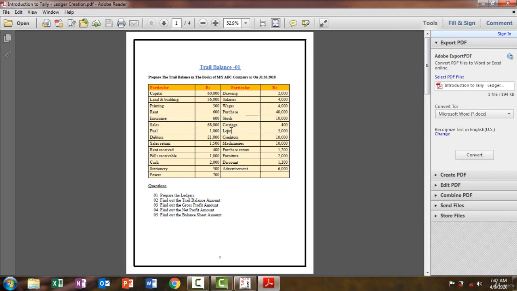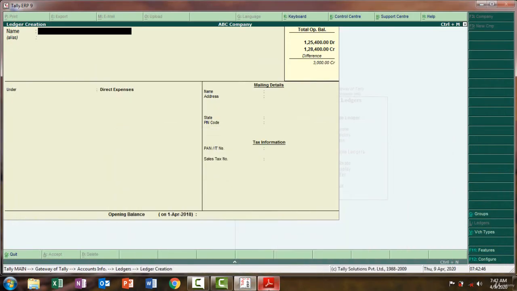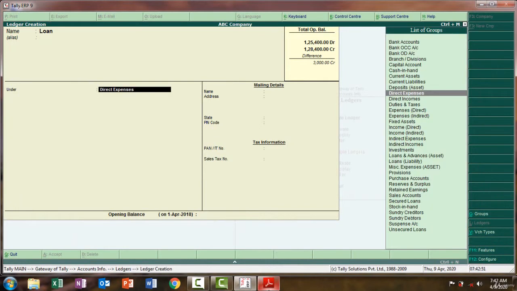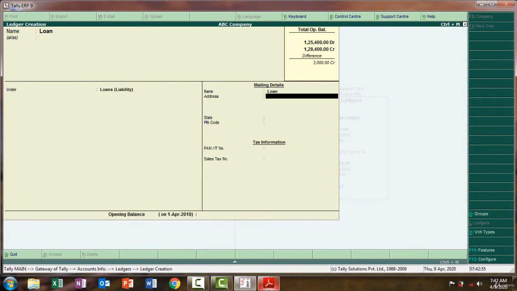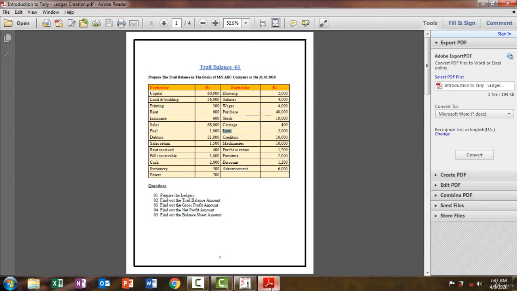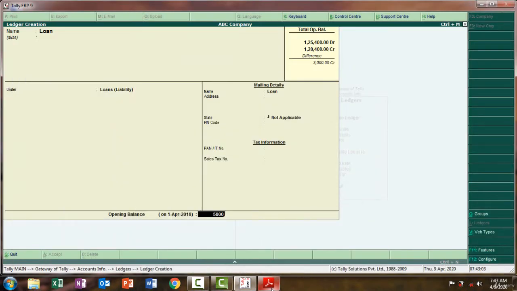Loan comes under the loan liability account, so I'm going to type here loan, and loan liability account. The amount is 5,000. Loan account is always credit.